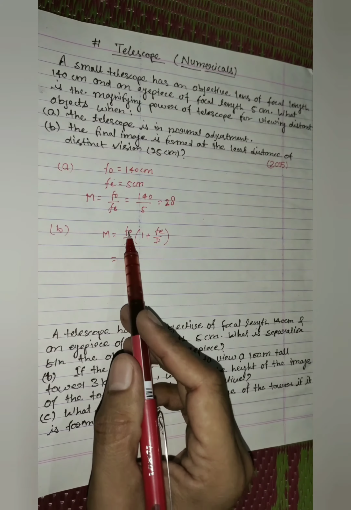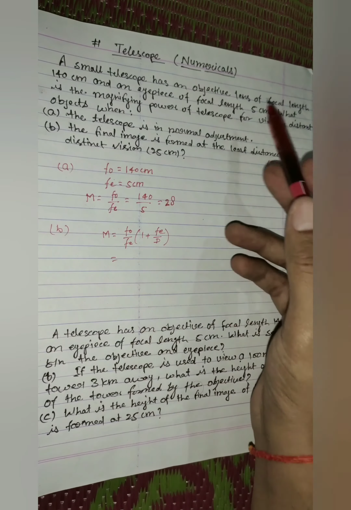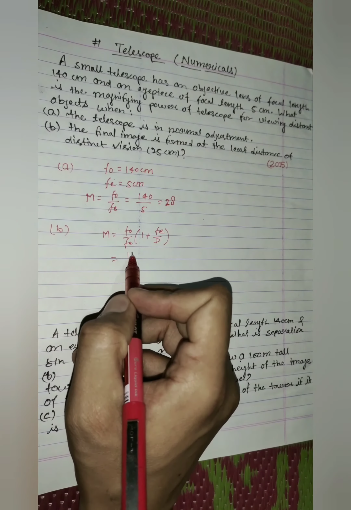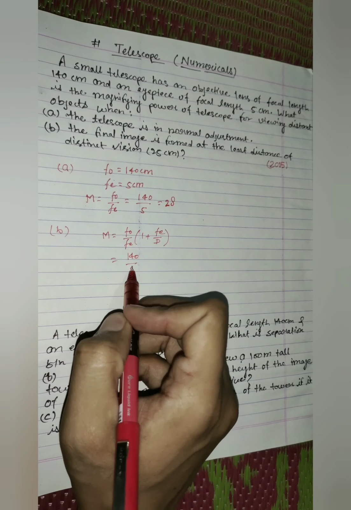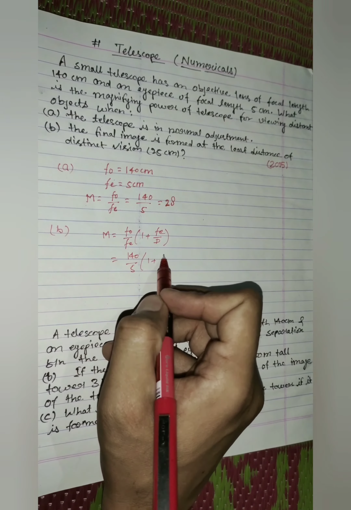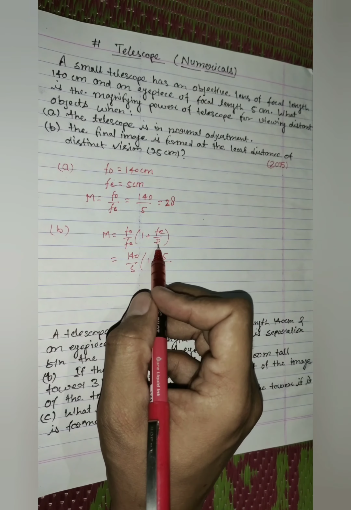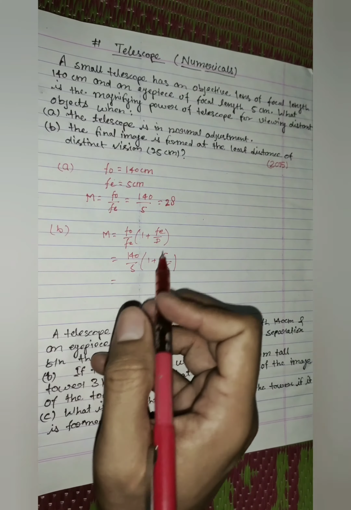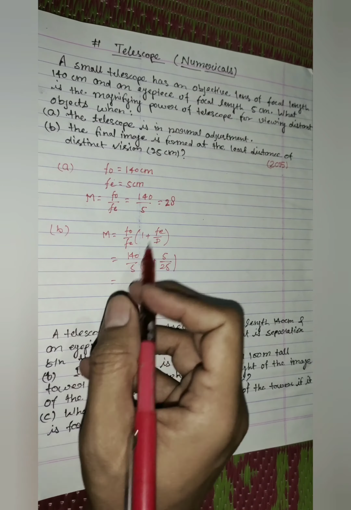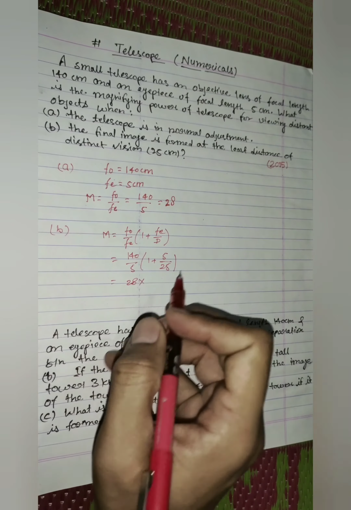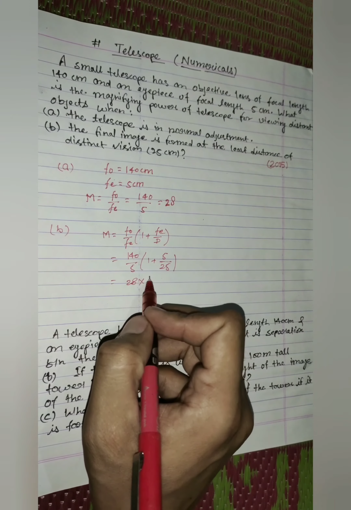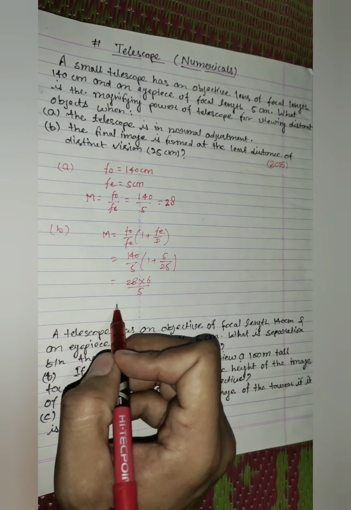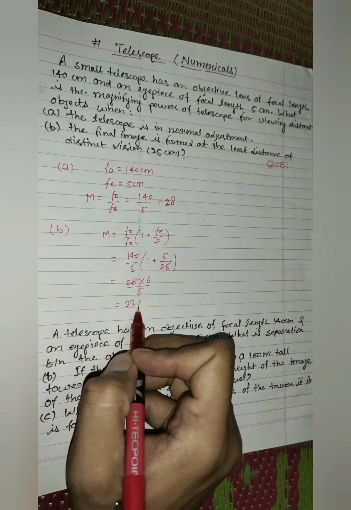Putting the values of FO, FE and D from the given question: FO is 140, FE is 5, and D, the least distance of distinct vision, is 25 centimeter. 140 upon 5 is 28, and solving the bracket fraction we get 6 over 5, so the result is 33.6.